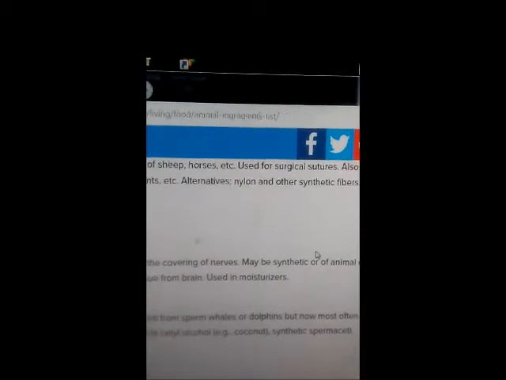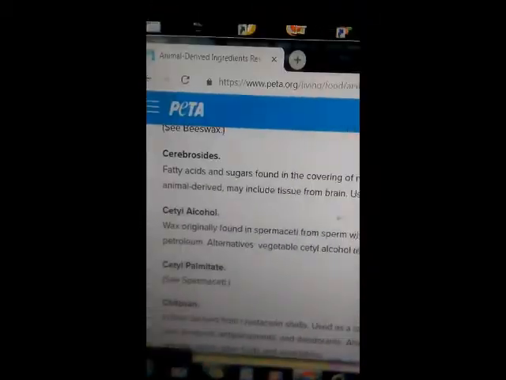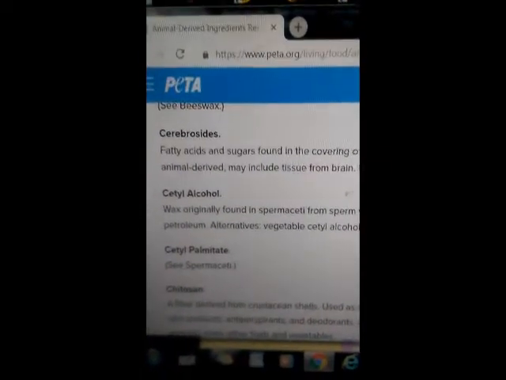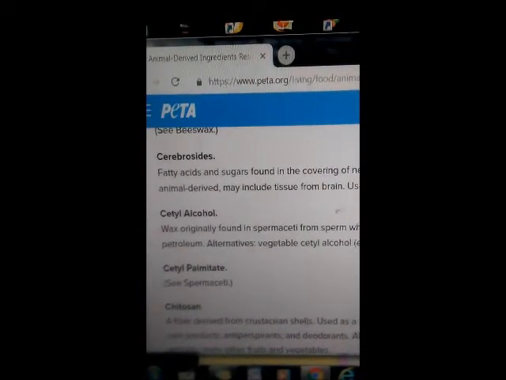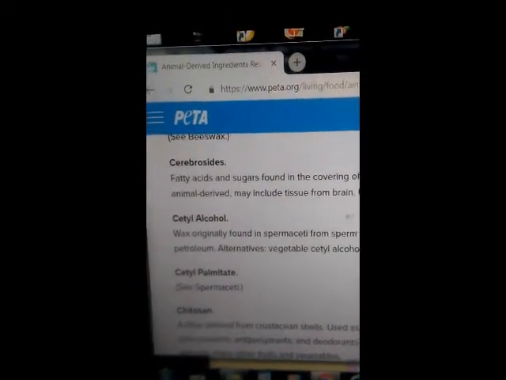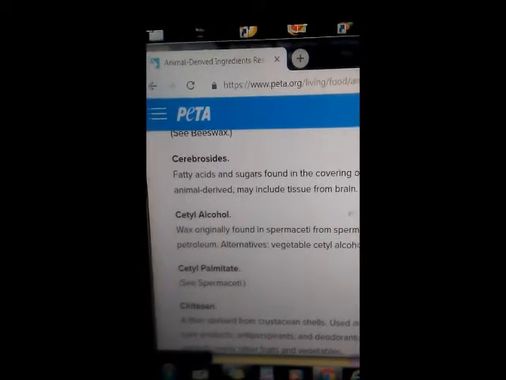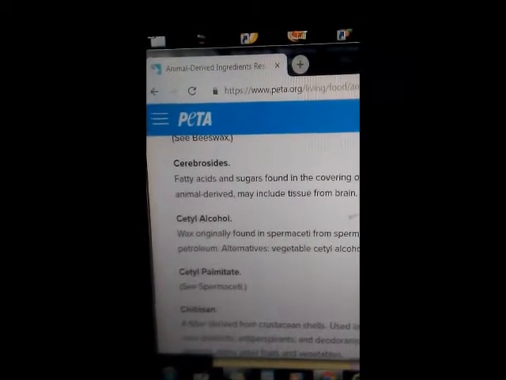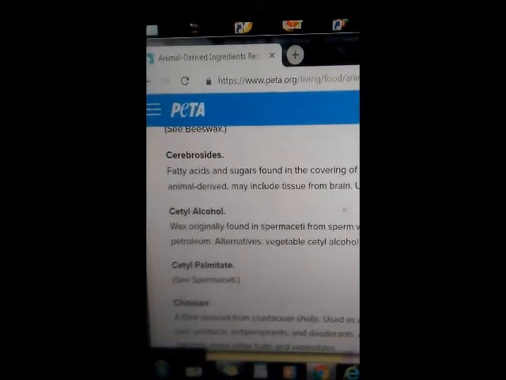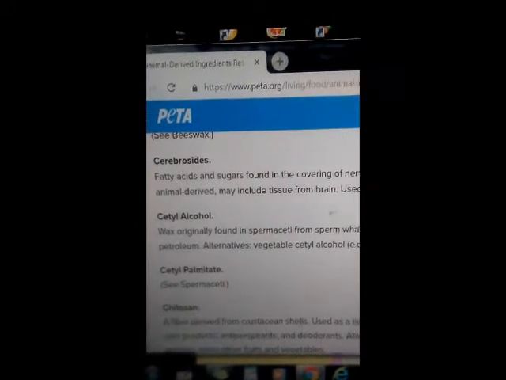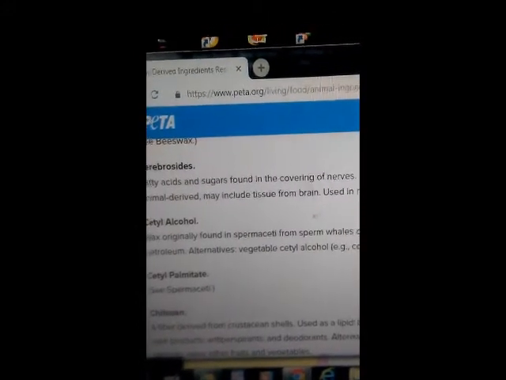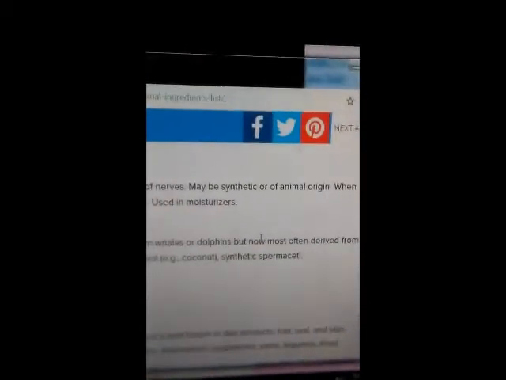Okay, so we've got cerebroside. Anything with cere, C-E-R-E, has to do with the brain, so remember that. Fatty acids and sugar found in the covering of nerves may be synthetic or of animal origin.